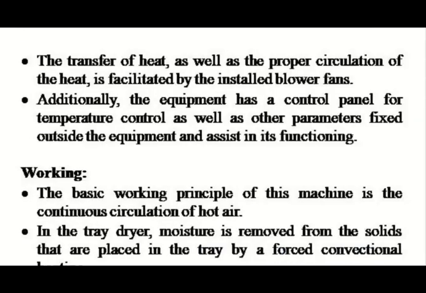The transfer of heat as well as proper circulation of heat is facilitated by blower fans. Additionally, the equipment has a control panel for temperature control as well as other parameters, fixed outside the equipment. So this is the construction of the tray dryer, a very simple construction.